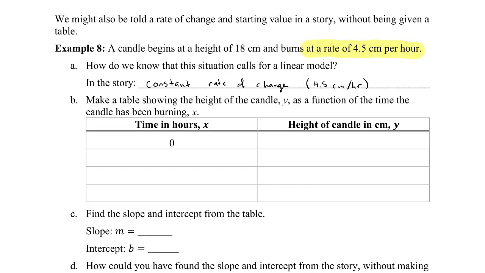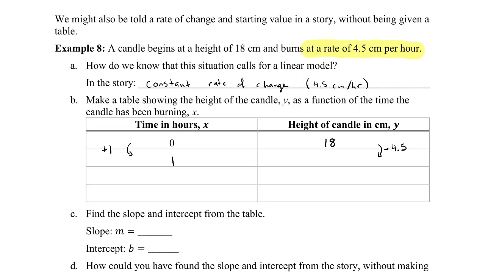Okay, so let's just use the information that we have to get the kind of table we were looking at a minute ago. So the candle starts at a height of 18 centimeters, and then it burns at a rate of 4.5 centimeters per hour. So every time 1 hour passes, as a candle burns, does it get taller or shorter? It gets shorter, right? Every time 1 hour passes, the height is going to decrease by 4.5 centimeters.